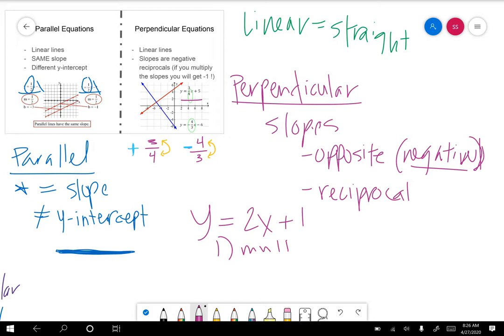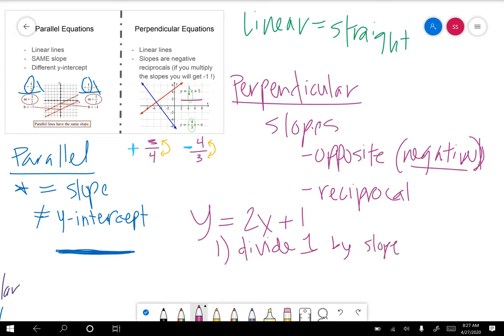Actually, let's start with the other step. Step 1, you're actually going to divide 1, and it doesn't have to do with the y-intercept, just always divide the number 1 by the slope.